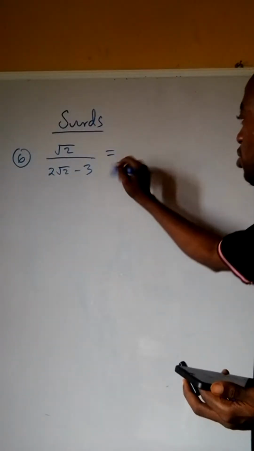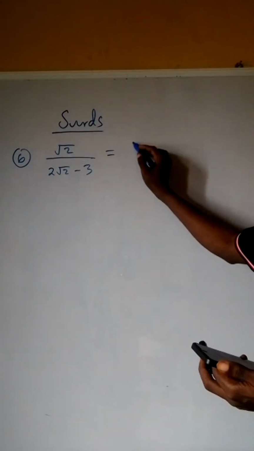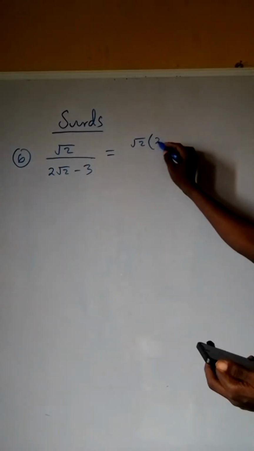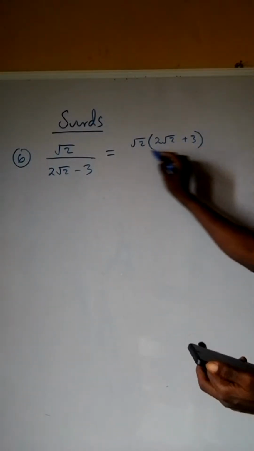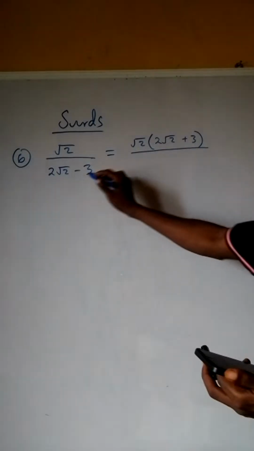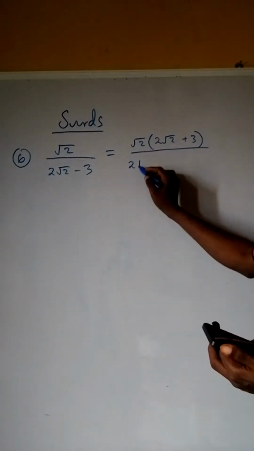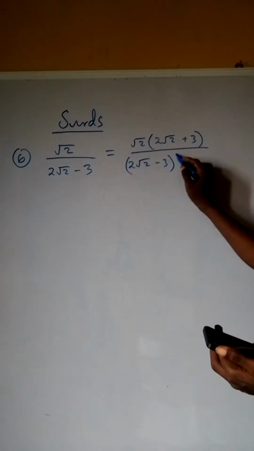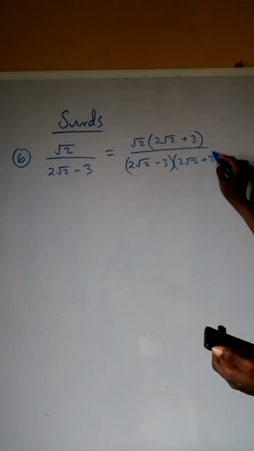And when we rationalize, also multiply this by the conjugate of the denominator. We have root 2 times the conjugate surd here, that's 2 root 2 plus 3, then divided by 2 root 2 minus 3 times also 2 root 2 plus 3.